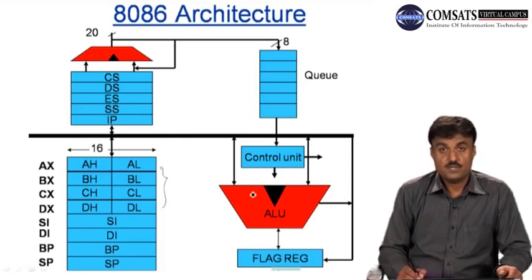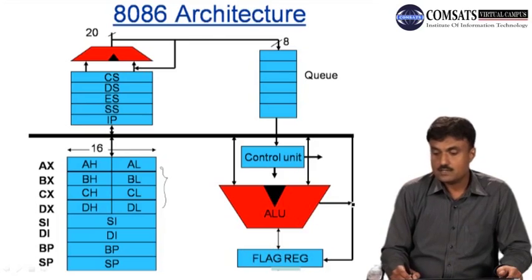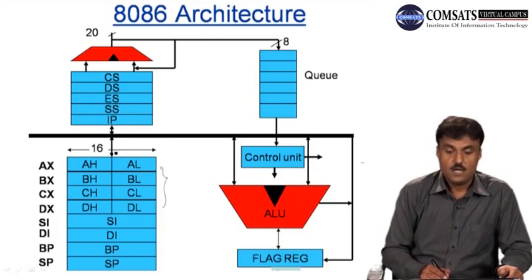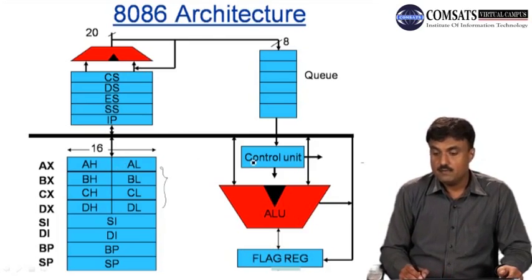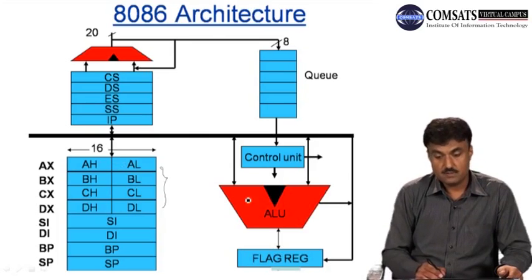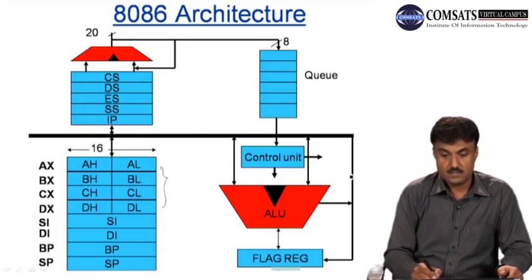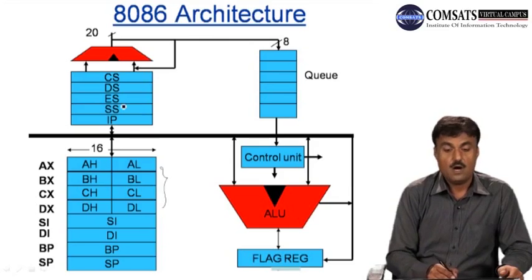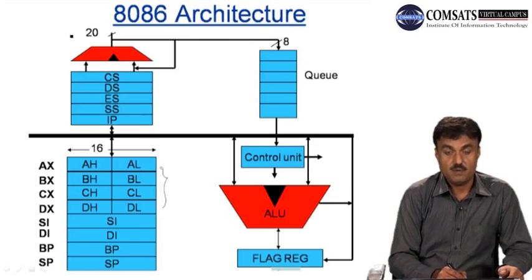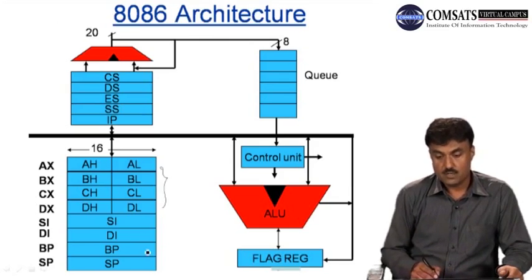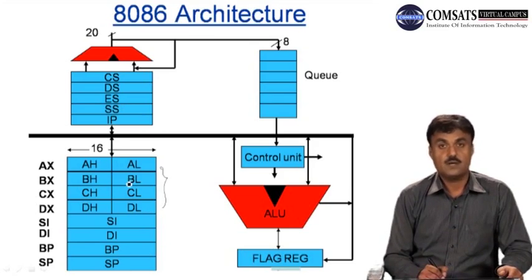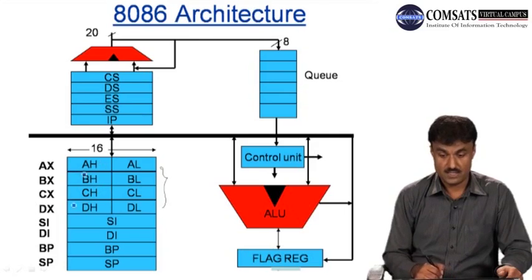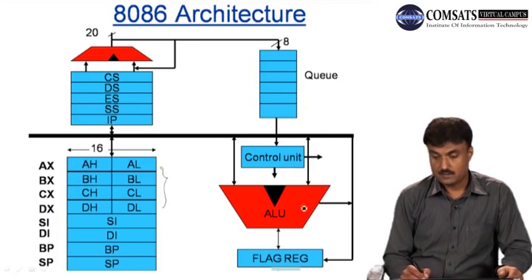This unit performs some operations, and the results are sent back to the accumulator, or the results or values are stored somewhere else inside the memory, or we can move values from one register to another register inside this register file or register area. So this is the path.